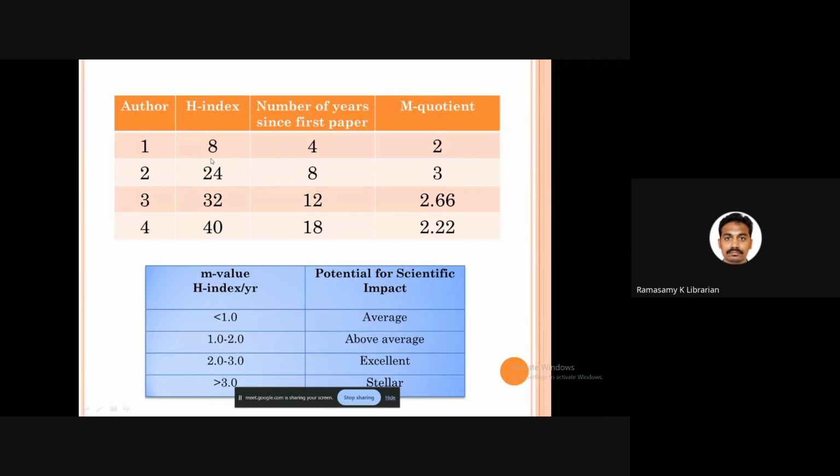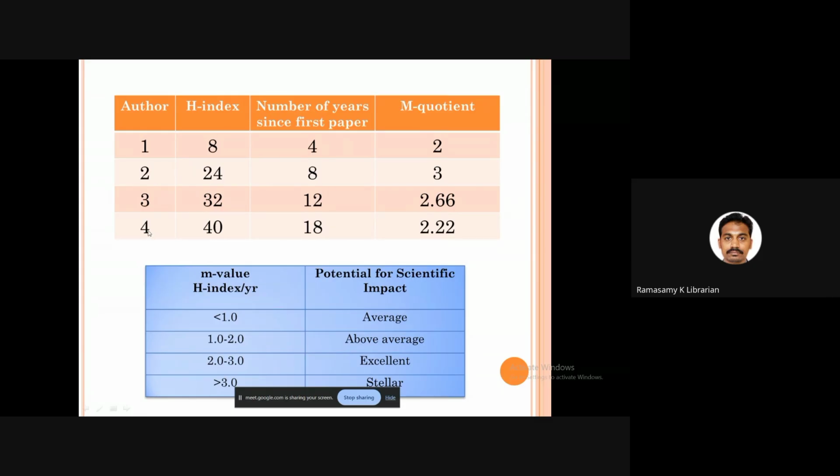Now here, authors are having different years of experience: 4 years, 8 years, 12 years, 18 years. But here you can see from the M quotient that only this particular author is very, very effective compared to author 1, author 3, and author 4.